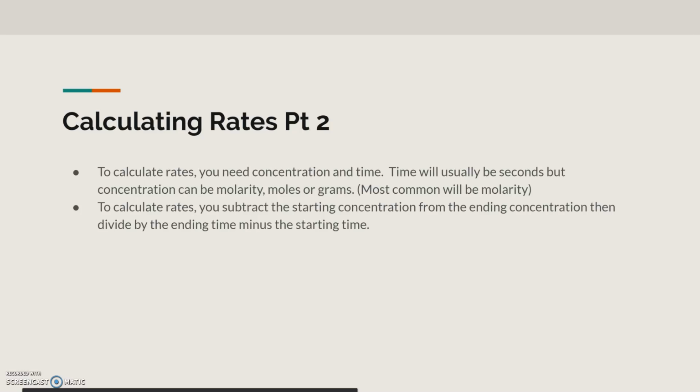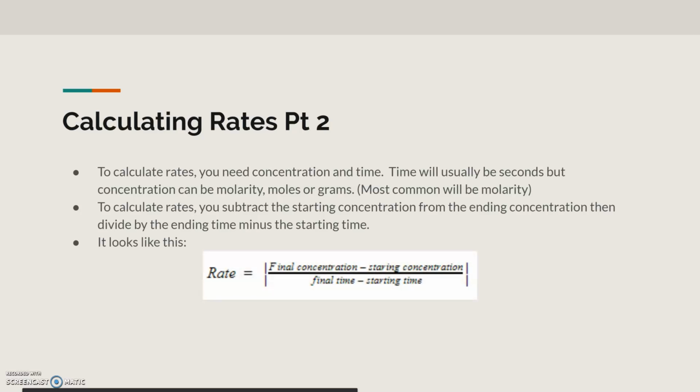Then you divide by the ending time minus the starting time, much like finding the slope. It looks like this. Notice there are absolute value signs outside of the operation, so no matter what you get, the answer must be positive.